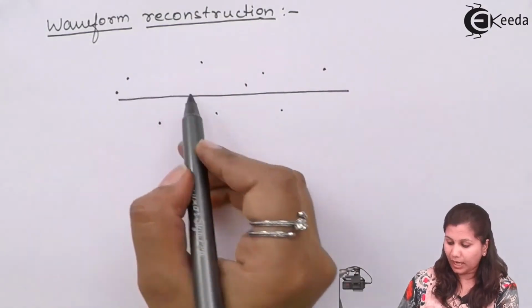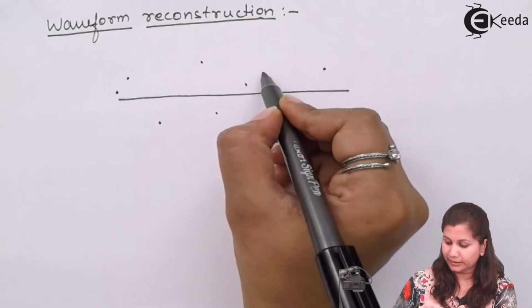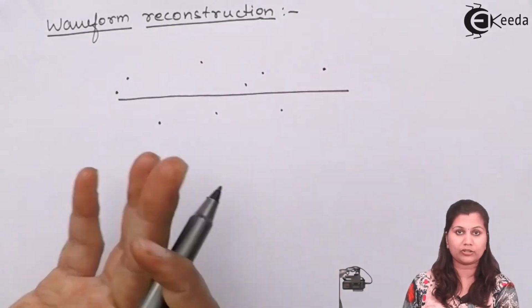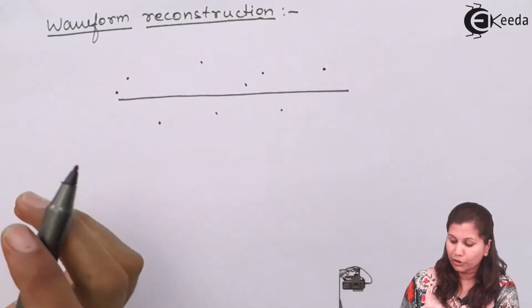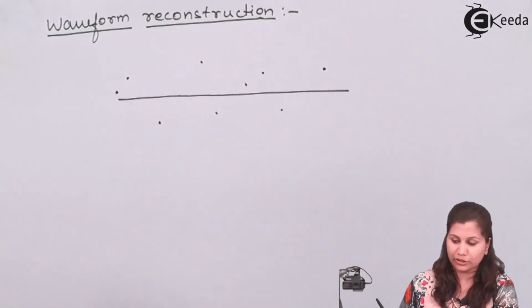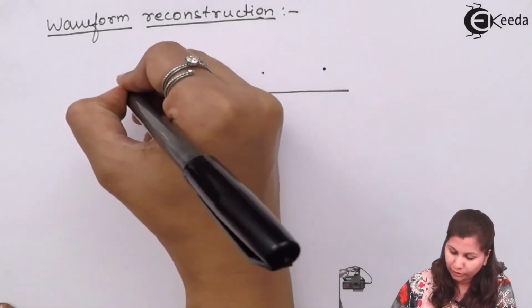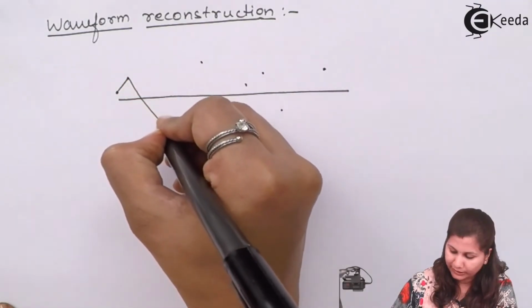So when this output signal, which is a digital signal, is present, we want an analog signal to be generated from this. There are two types of reconstruction. One way is to join all these dots by a straight line.